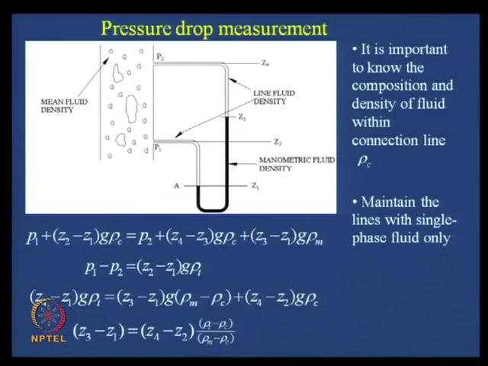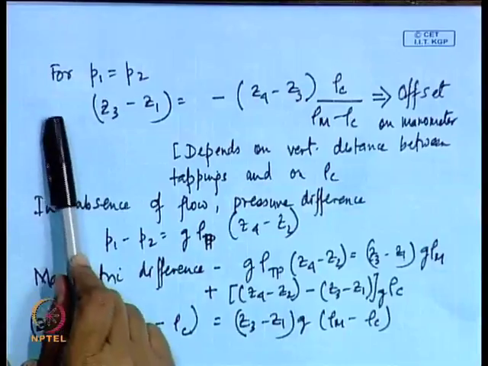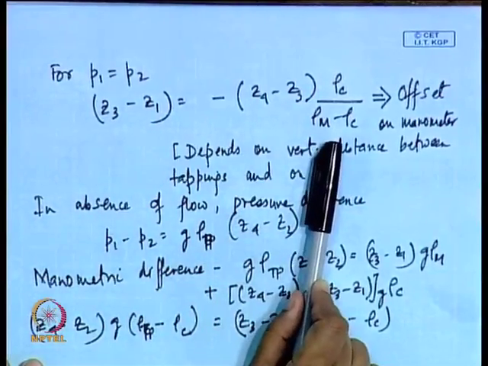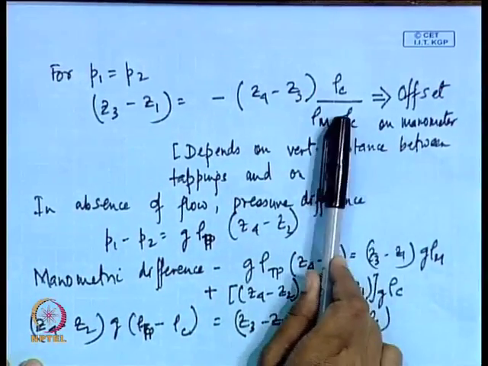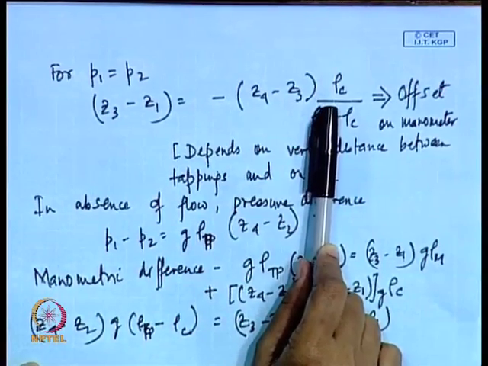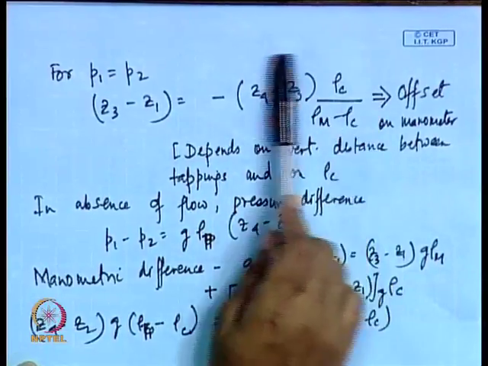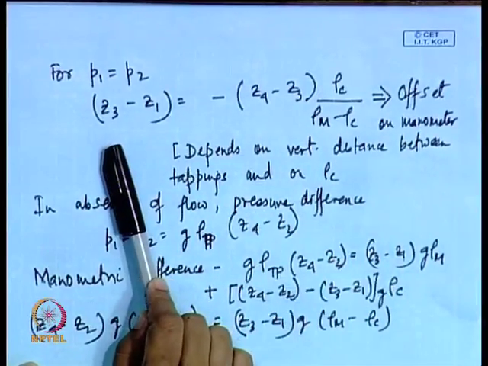For P1 equals P2, just the thing which I have written down, if you see, this is the offset. We find the offset depends on what? It depends on rho c. So, if rho c is less, then naturally the offset is going to be less, is it not? If rho c is less, rho m minus rho c is greater. So, on the whole, the offset becomes less.